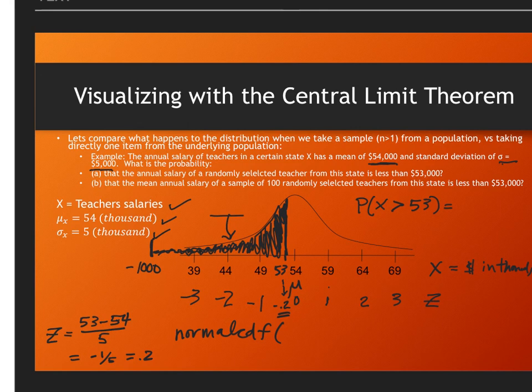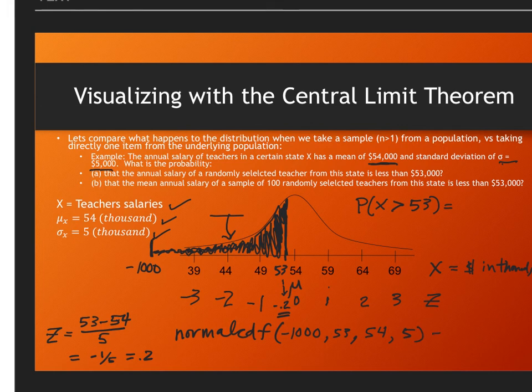So we're going to put negative 1,000 all the way up to 53 as my upper boundary. The mean of this data set in terms of teacher salaries is 54. So notice that instead of comma 0, comma 1, we're putting 54 and then 5, which is my standard deviation.